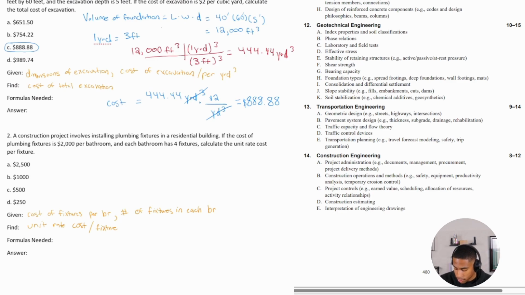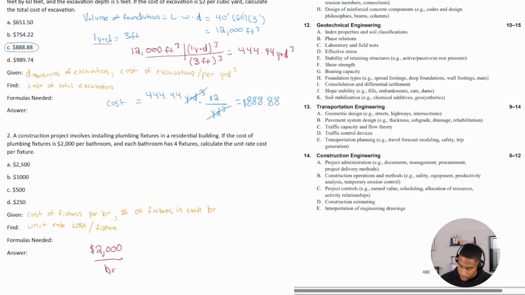All right, so I'm trying to find the cost of each fixture. So I know that I have the cost per bathroom. So we'll just start with that $2,000 per bathroom. I'll put BR for bathroom.